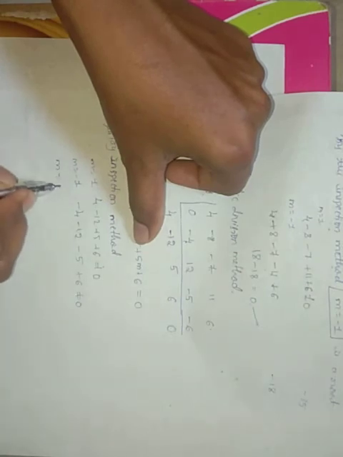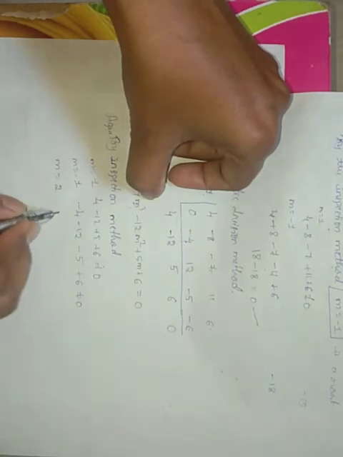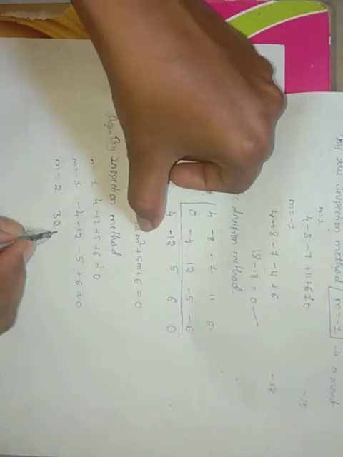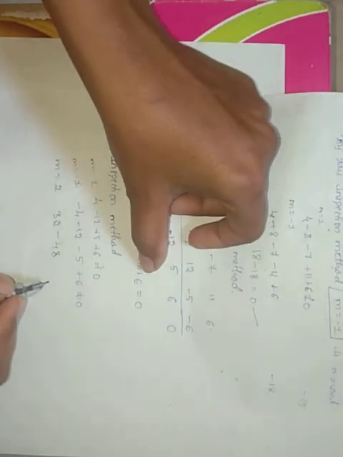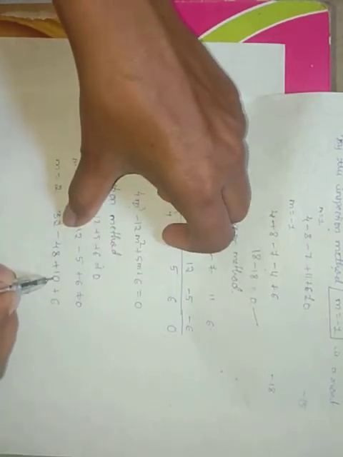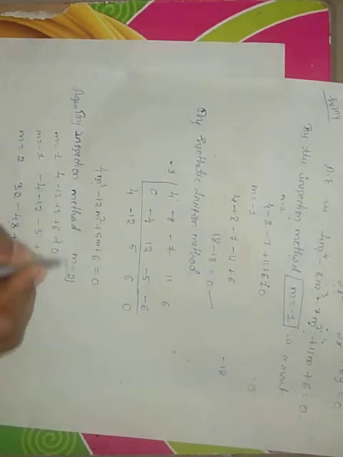Again m = 2. 2 cubed is 8, 8 into 4 is 32. 2 squared is 4, 4 into 12 is minus 48. 5 into 2 is 10, plus 6. 32 plus 10 is 42, 42 plus 6 is 48, and 48 minus 48 is 0. So it is satisfied. Therefore, by the inspection method, m = 2 is a root.